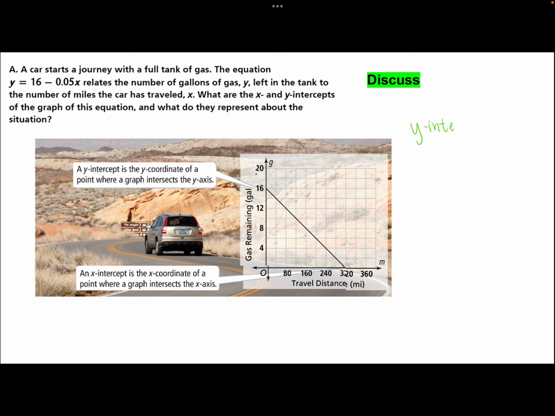Y intercept is where the graph intersects the y-axis. X-intercept is where the graph intersects the x-axis.